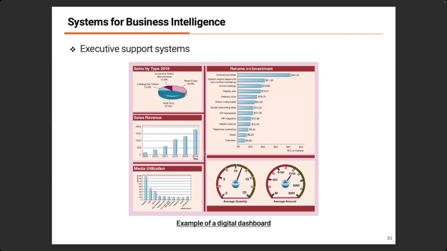But in this kind of executive support system, they are greatly summarized and provide only comprehensive information with few figures, few tables, so that senior managers can understand the current status of a firm at a glance by using this kind of dashboard.